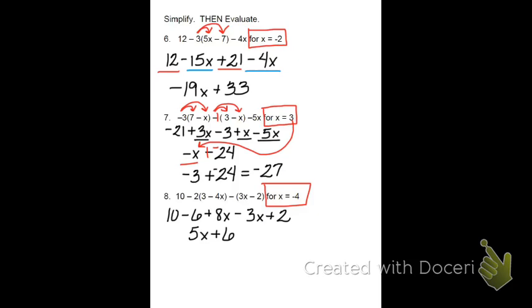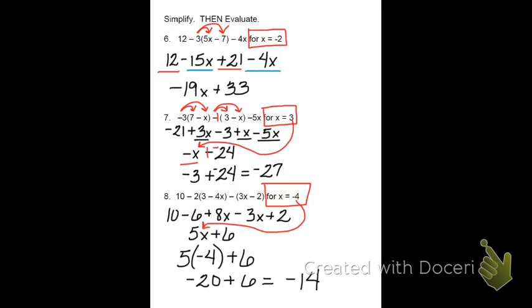So now we're going to substitute that negative 4 in for this x. So that's 5 times, I'll put that in parentheses, 5 times the negative 4 plus 6. Multiplication of opposites leaves you with an opposite. Adding that to 6, subtract, take the sign of the larger number, gives you negative 14. So now it's your turn to go and try some on your own.